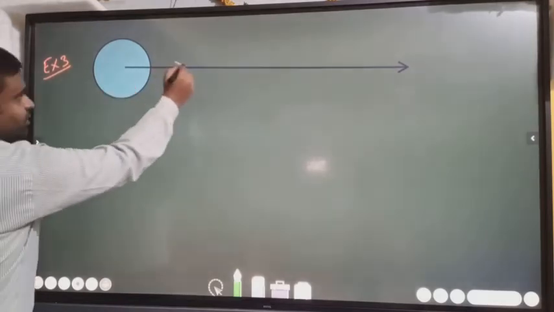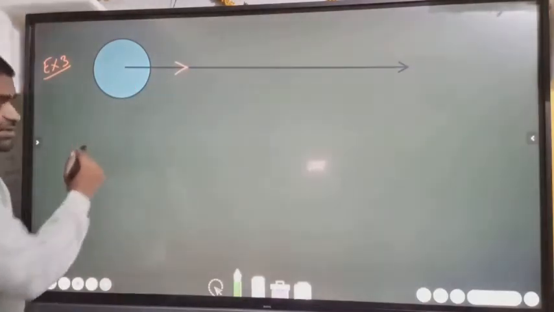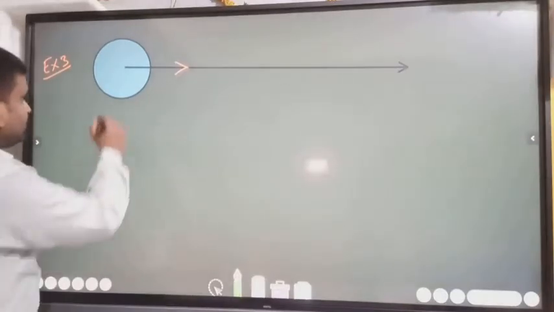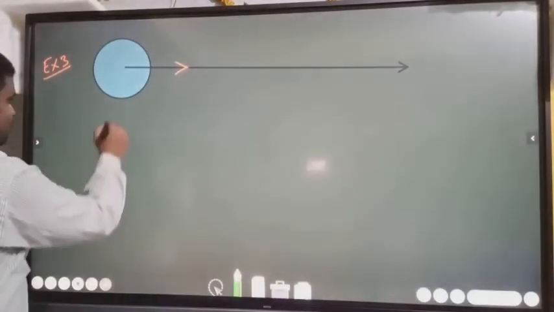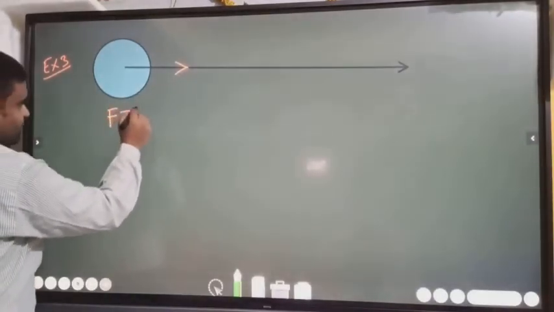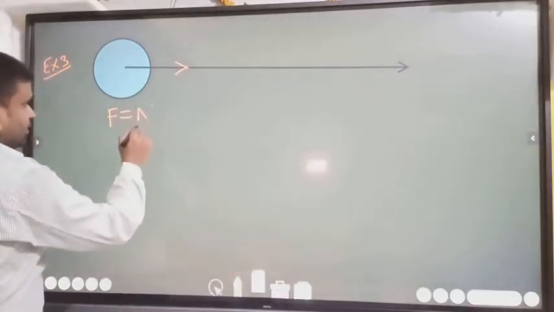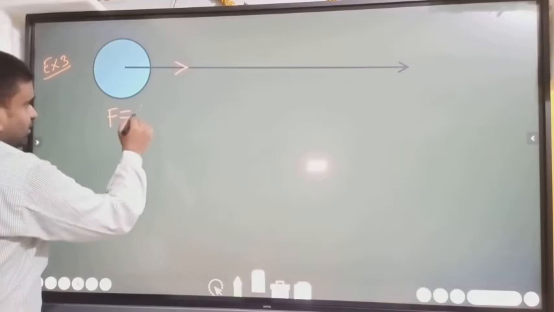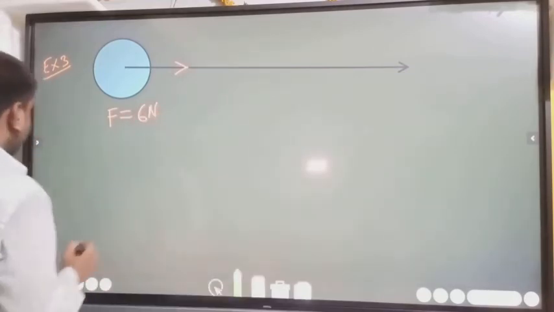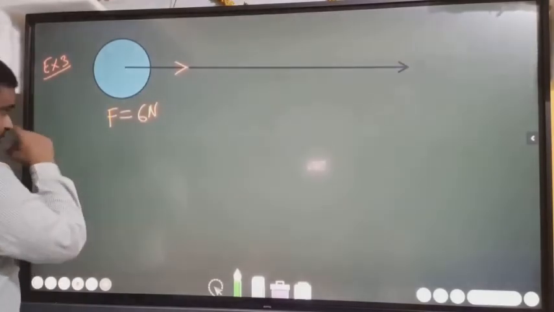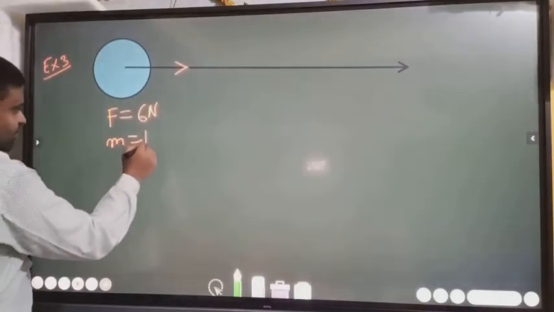This is a body which is at rest. A force of 6 Newton acts upon this body. The mass of this body is 1 kg.